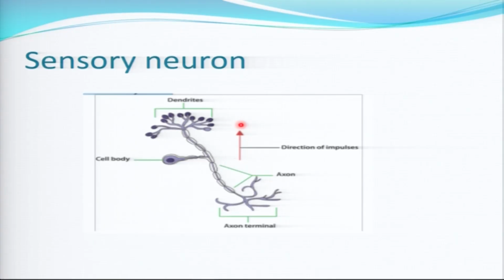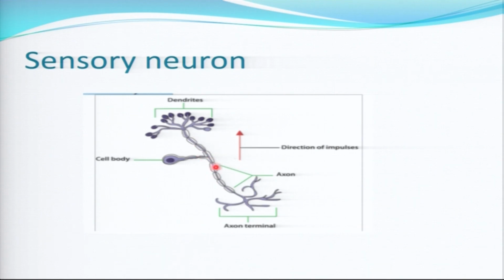So now, this is the sensory neuron. This is the structure of the sensory neuron. Those parts are called dendrites. This is the cell body. Those ones are called axon terminals. And this is the axon. When the information comes from the body, it has to pass through the dendrites. From the dendrite, the information passes to the axon.